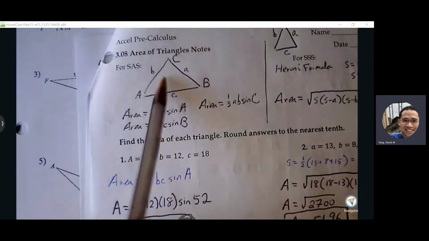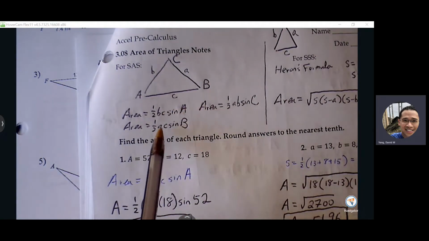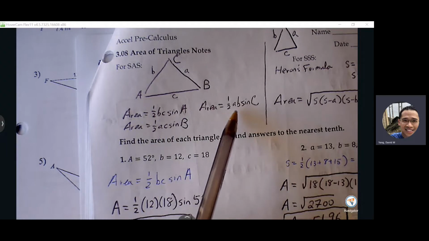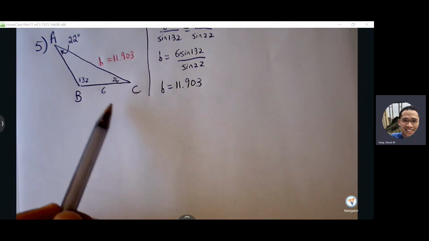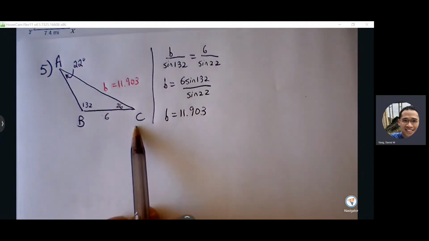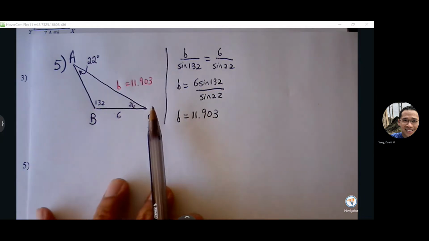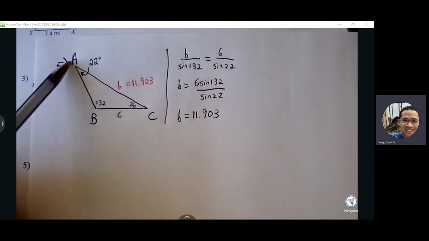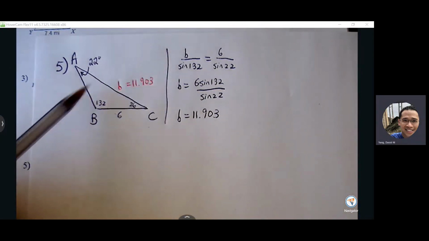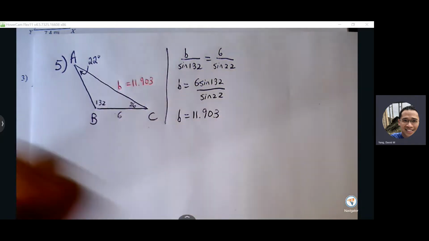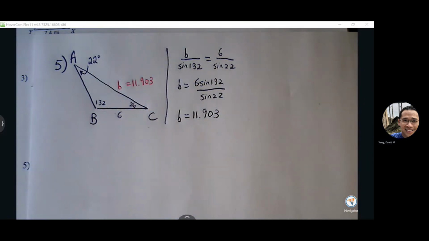Because I can either choose 1/2 BC sine A, 1/2 AC sine angle B, or 1/2 AB sine angle C. I think I'm targeting the 1/2 AB sine C. But if you want to target this angle, you can. You just have to find this side.